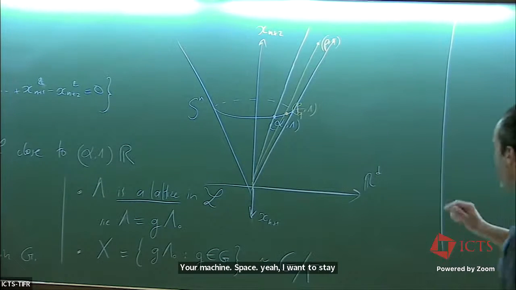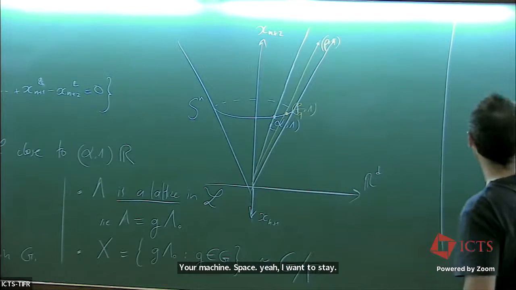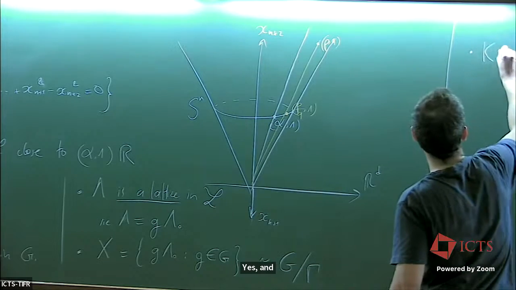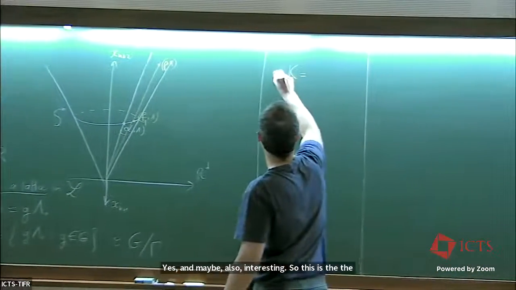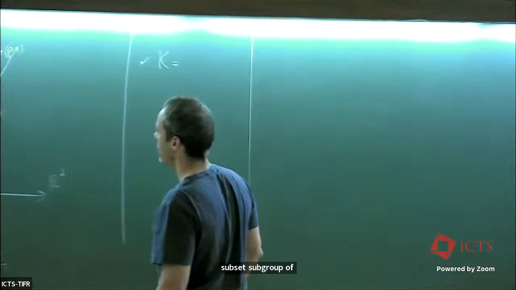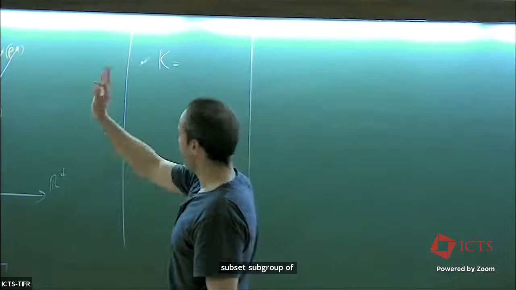Also interesting, I will denote K the subgroup in G which preserves the last coordinate.